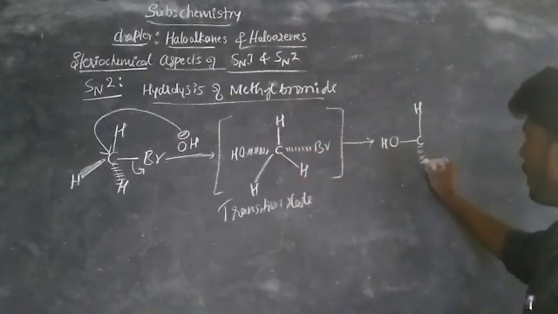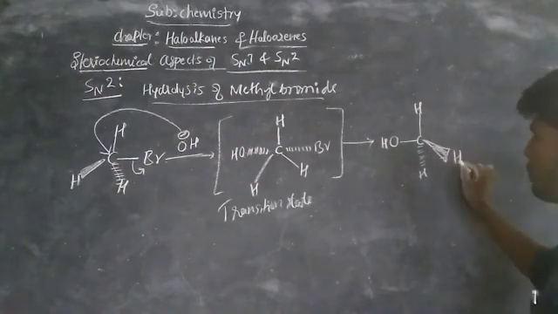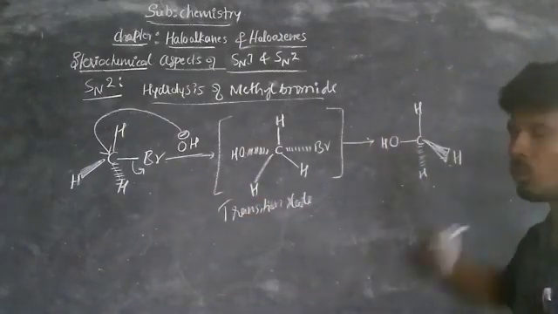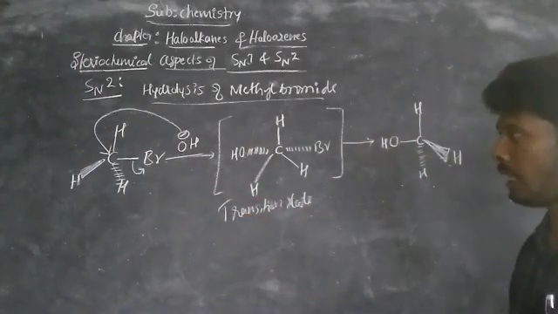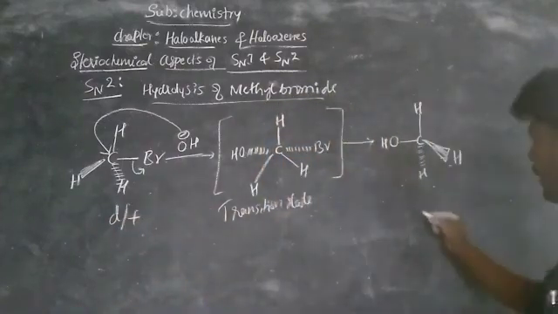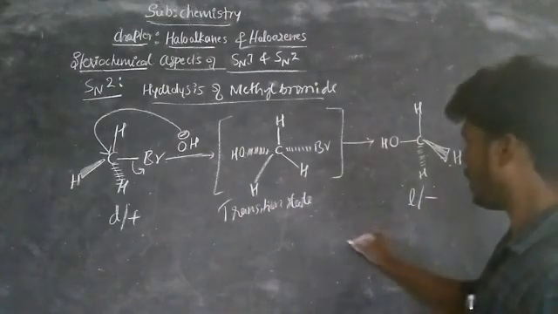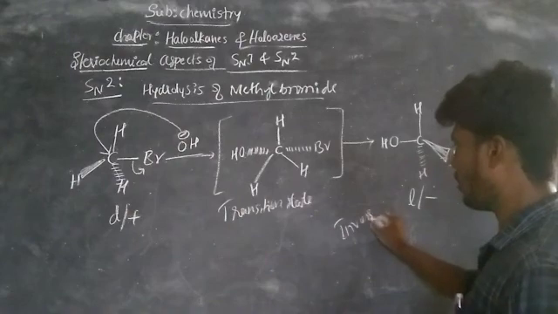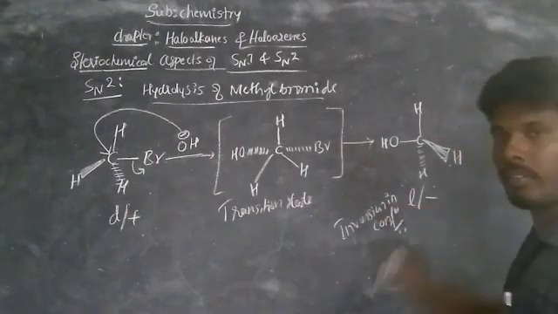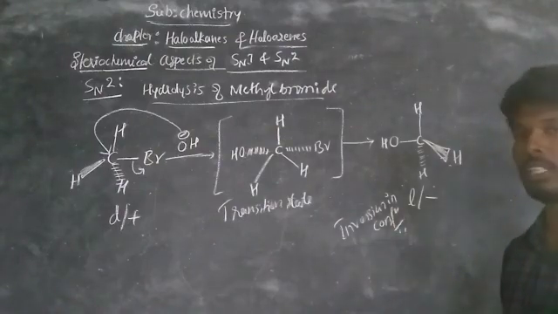So observe these two: inversion in configuration. If it is D or plus, here you get the L or minus isomer. Hence you get inversion in configuration. That is the stereochemical aspect of SN2.